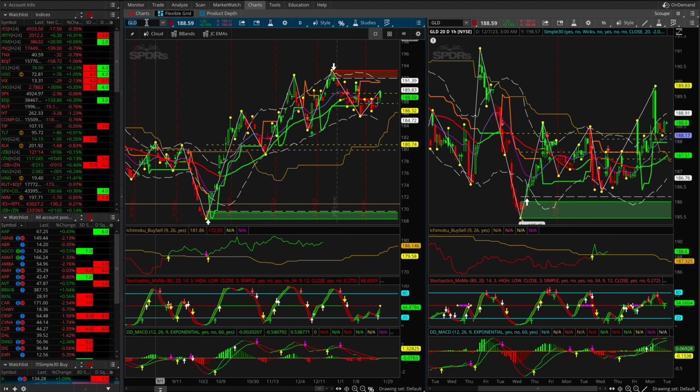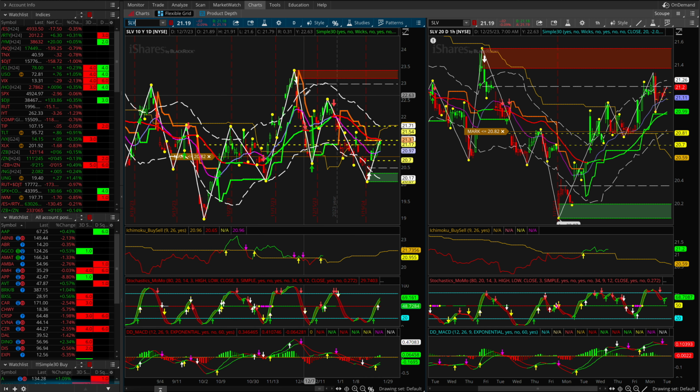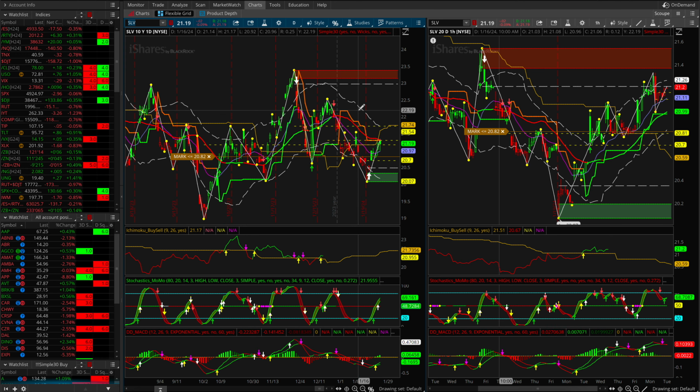Silver, since we're here, actually could be a buy here as well. So, if you're going to do that, though, the stop I'd use is this one right here.